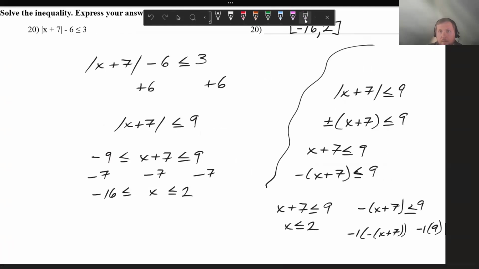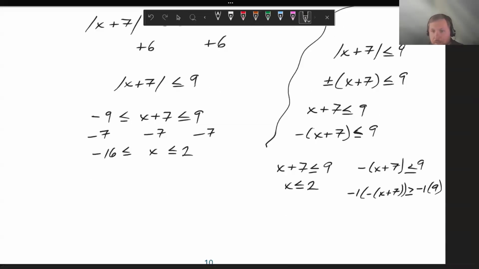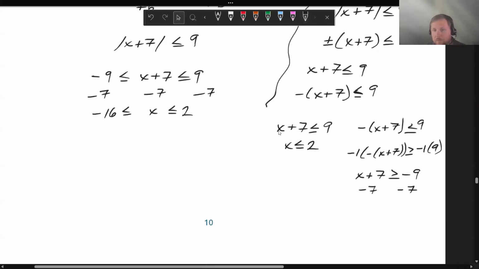I got so trapped in my parentheses, I forgot to flip the symbol around in the other direction. Since I multiplied by a negative number, the direction changes. So now the negative gets canceled on the left-hand side, and I have positive x plus 7. The direction changed, and then I have negative 9. Then I can subtract 7 from both sides. So I have x is greater than or equal to negative 16.